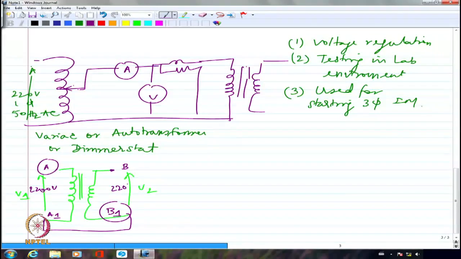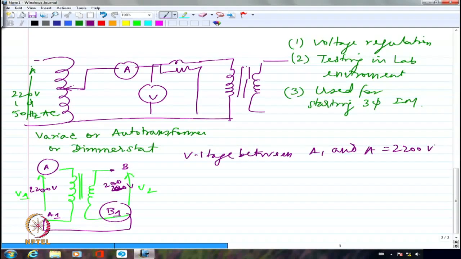When I measured the voltage between A1 and A, this was 2200 volts, whereas the voltage between B1 and B at the same instant, I am talking about at the same instant, I am getting as 220 volts.